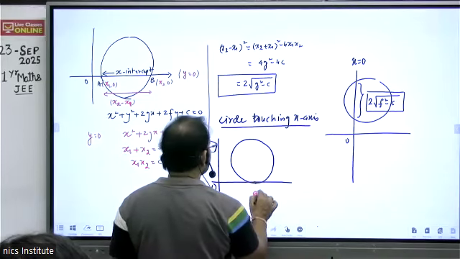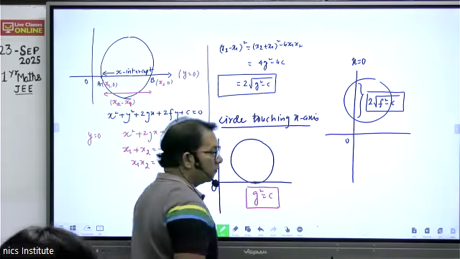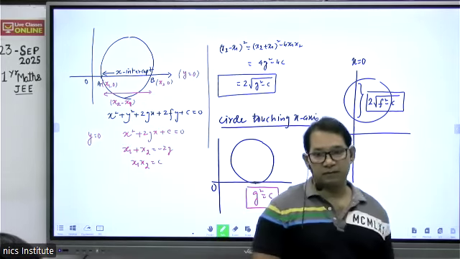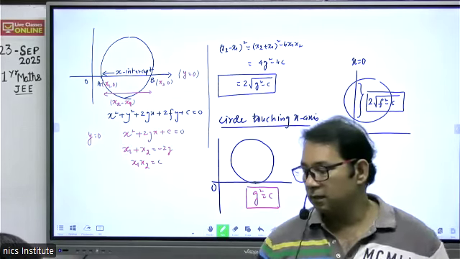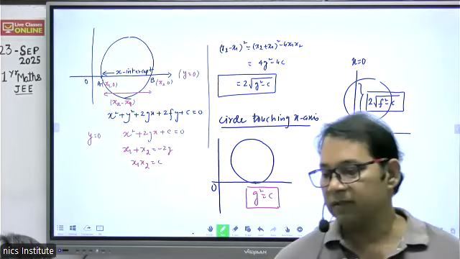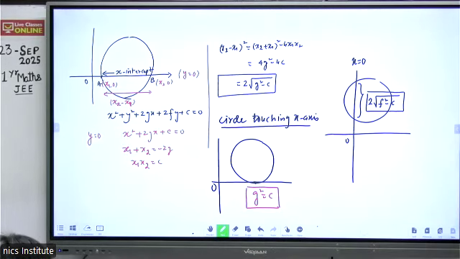That means g square equal to c. Condition for a circle to touch x-axis, write it down: condition for a circle to touch x-axis is g square is equal to c.